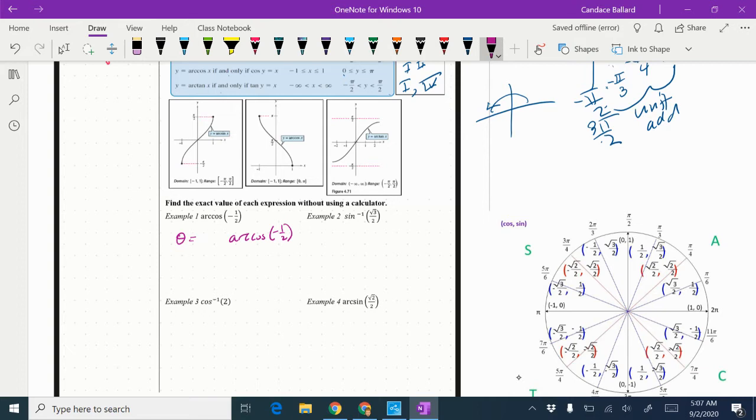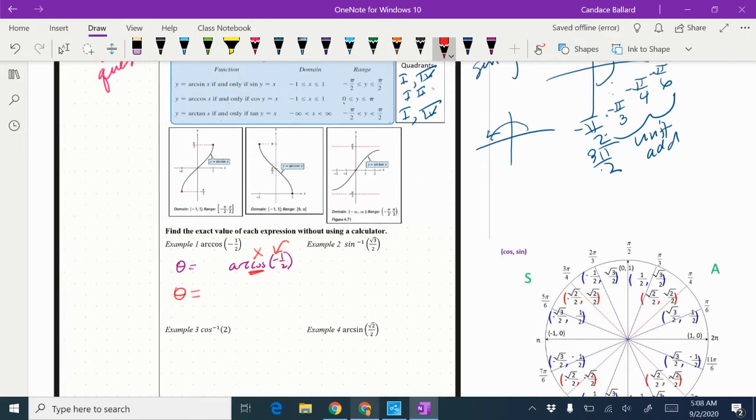I want to find the arc cosine of -1/2, which means I am looking on the graph for this value in one of the coordinates. And we know that cosine is the x value. So I'm looking for that as the x value, and this is going to be my radian measure. Remember, I am only allowed to be in quadrants 1 and 2.